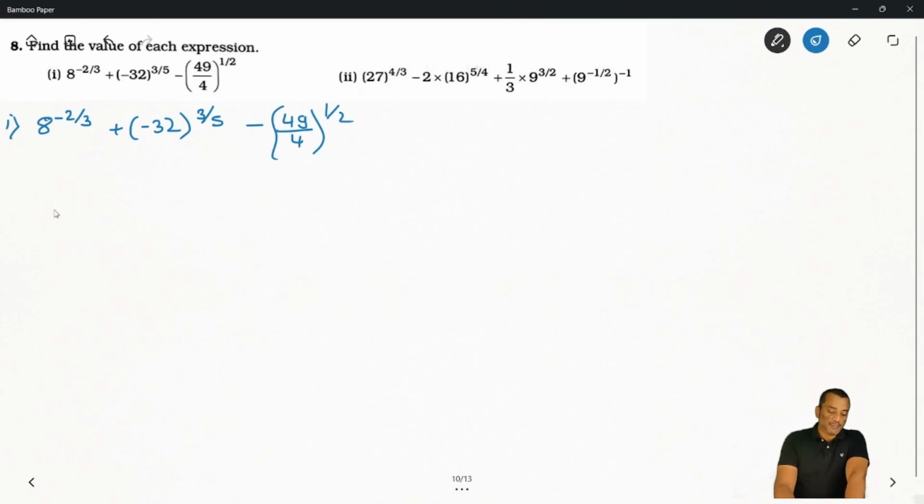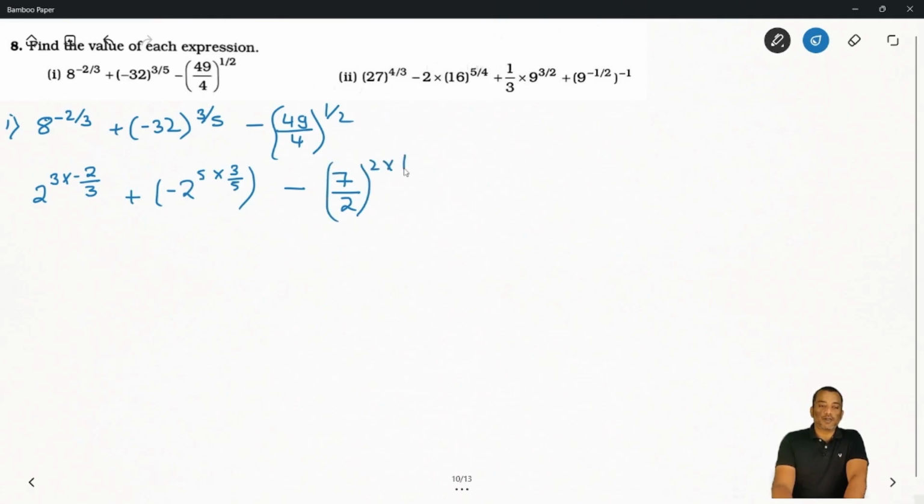So you can say 8 you will get 2 to the power 3 times minus 2 over 3. Then you will get minus 2 to the power 5 times 3 over 5. Same way we will get this one is 7 by 2 whole square into 1 by 2.